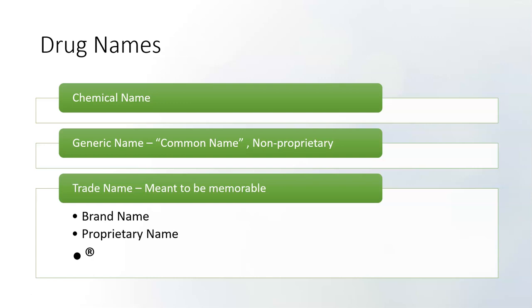Now, the generic name is the common name. It's non-proprietary. And then the trade name is meant to be memorable, generally. It's also known as the brand name or the proprietary name. Somebody owns that name. They have a copyright. They have that little symbol, that R, trademarked, copyright. Somebody owns it. Now, coming back to the generic name, healthcare professionals are going to use the generic names.